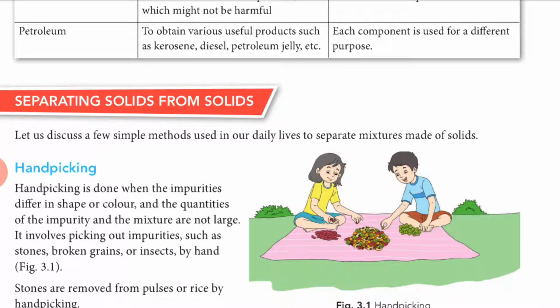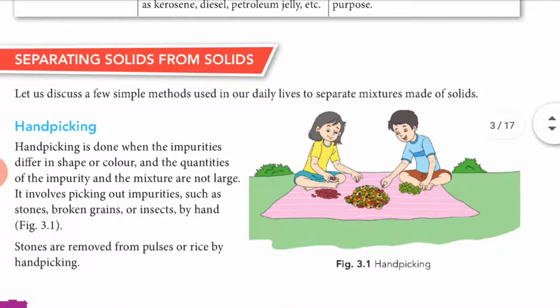Then we have learnt about the separating process for solids, that means when there is a mixture of solid and solid, how to separate it. The first method was hand picking, where the mixture should be in different colors.